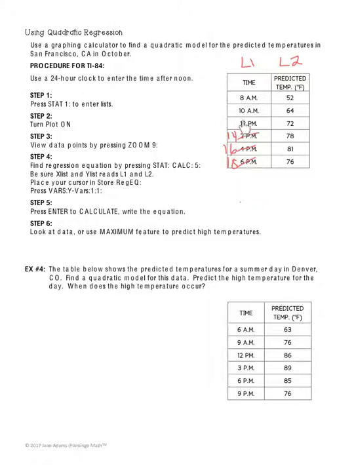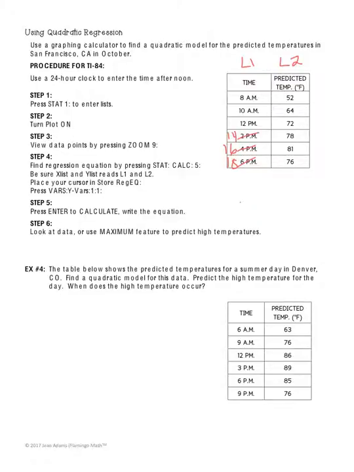So put in 8, hit enter, 10, enter, 12, enter, 14, enter, 16, enter, 18, enter. And then you just have to scroll to the right once and it'll pop you right back up at the top. Then enter these values. Make sure that you have the same number of data items in L1 as you have in L2, otherwise it won't work. Then you're going to turn on your stats plots.